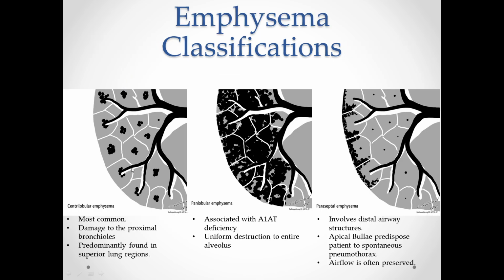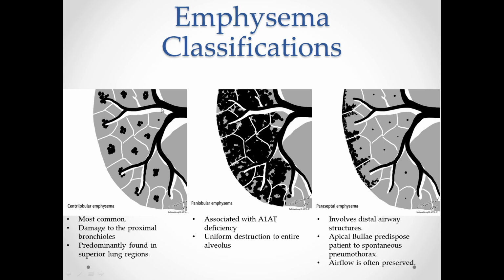Now, there are three different classifications of emphysema. Centrilobular emphysema is oftentimes the most common kind. It's oftentimes the result of an environmental exposure, and in this case, the emphysema predominantly initiates and occurs around the proximal bronchioles.